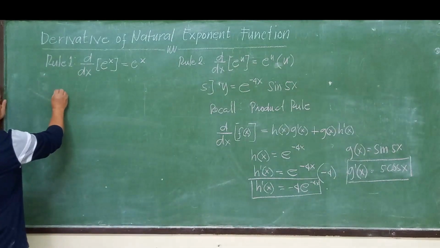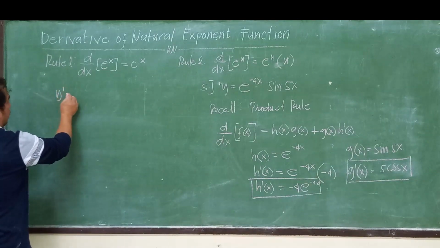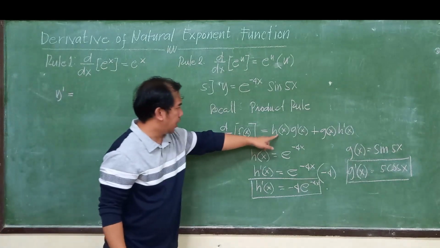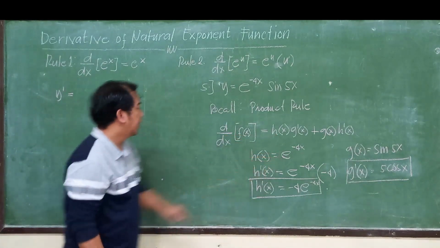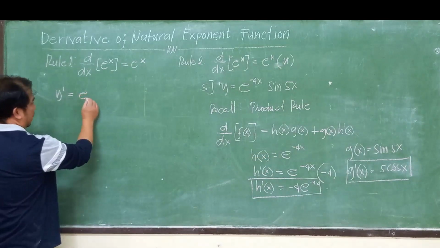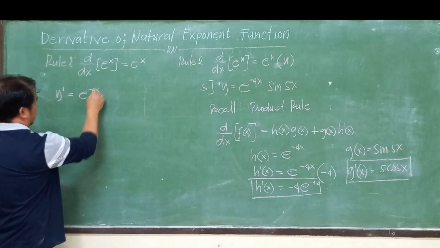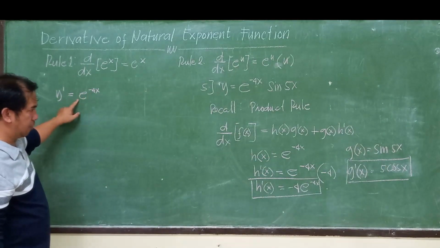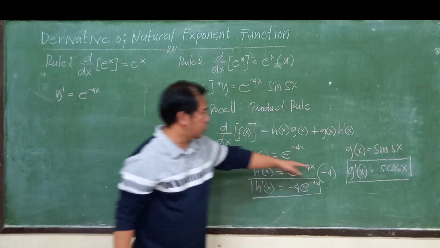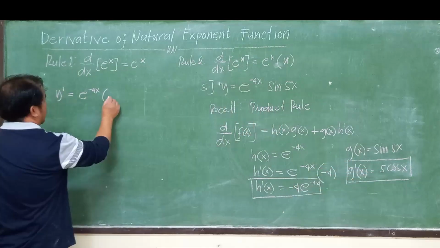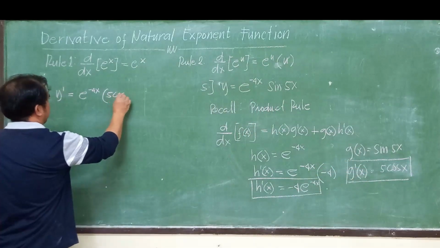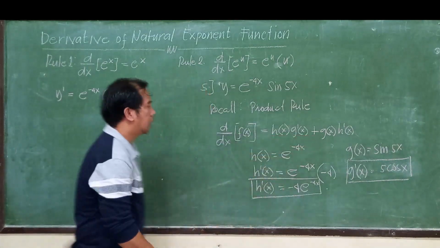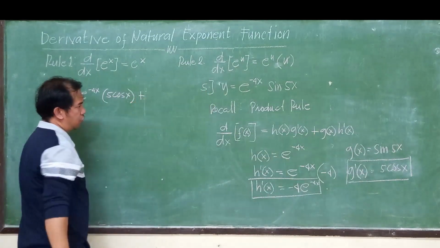Notice that if we are going to get the derivative, we apply the product rule. So our derivative now, y prime, is equal to, what is our h? Our h is e raised to negative 4x multiplied by g prime of our g of x, which is the same as 5 cosine x. Plus, what is your g of x?